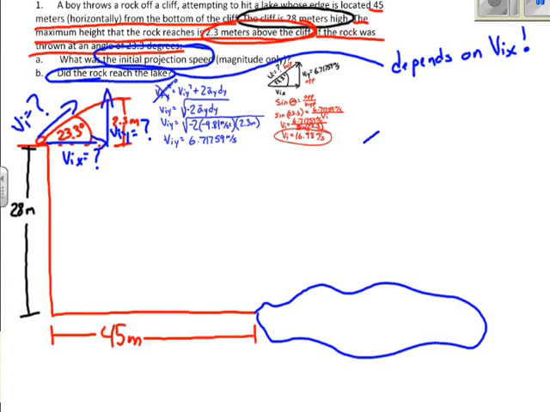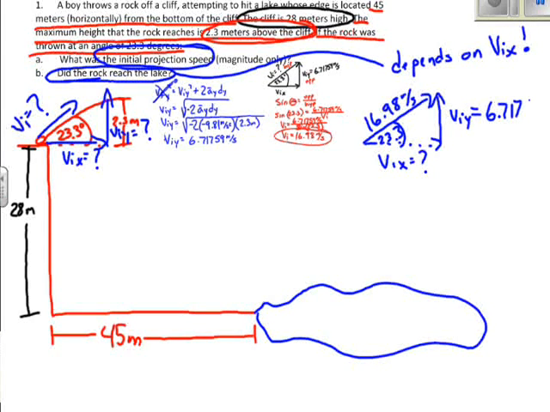So the first of the two things that I'm going to determine is the vix. If we go back to our initial trajectory, it's 23.3 degrees for the launch at 16.98 meters per second. We know the viy worked out to be about 6.72 meters per second.